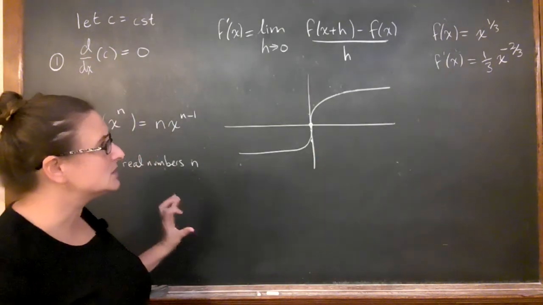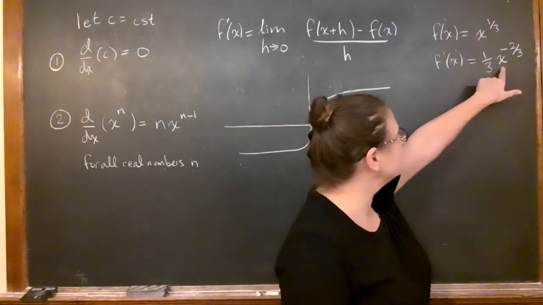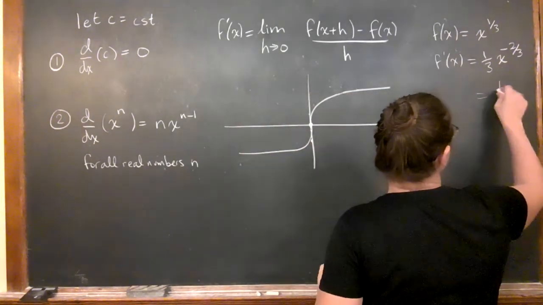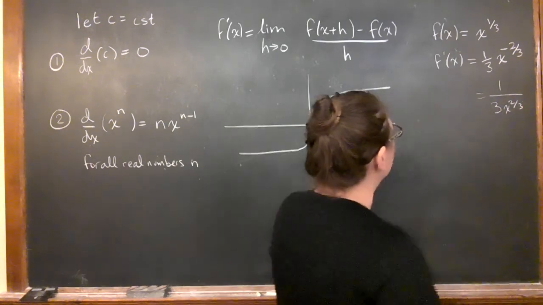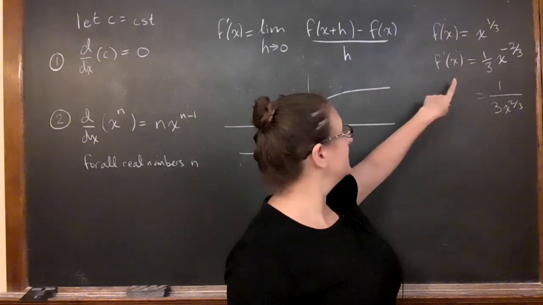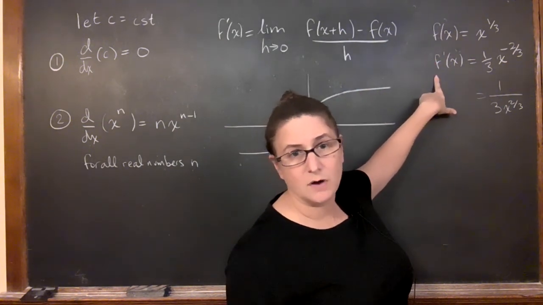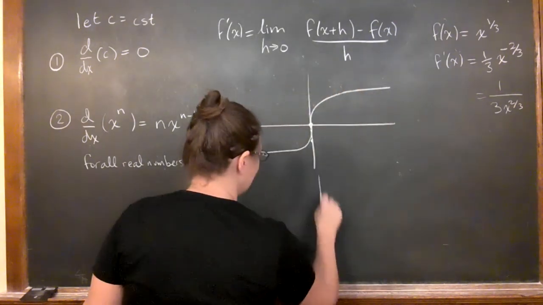So what that looks like when I look at the derivative function is you can see this is in the bottom, right? I didn't write it that way, but you could write it that way. The domain here is all of R. The domain here is everything but 0. I have an asymptote there.